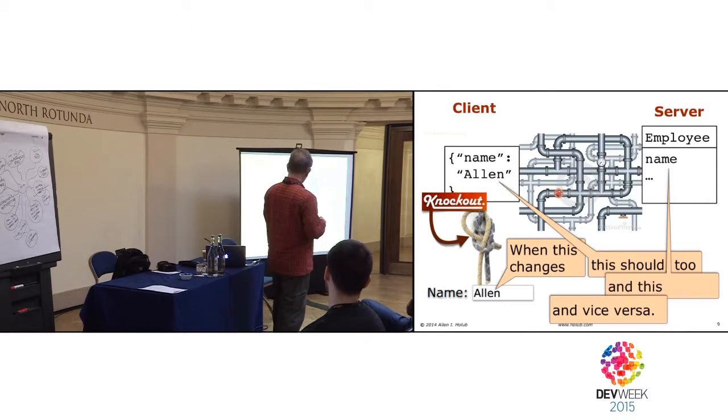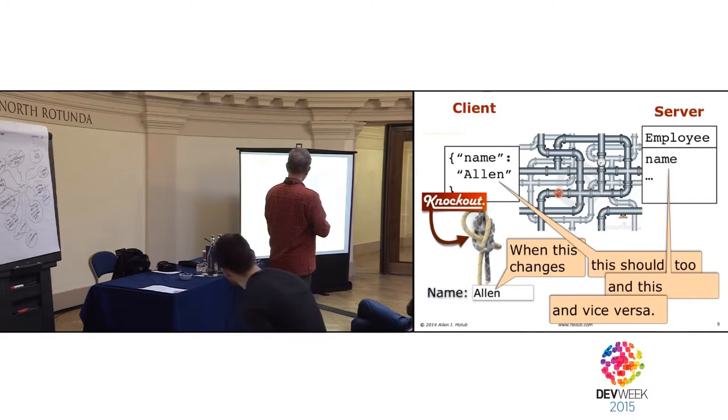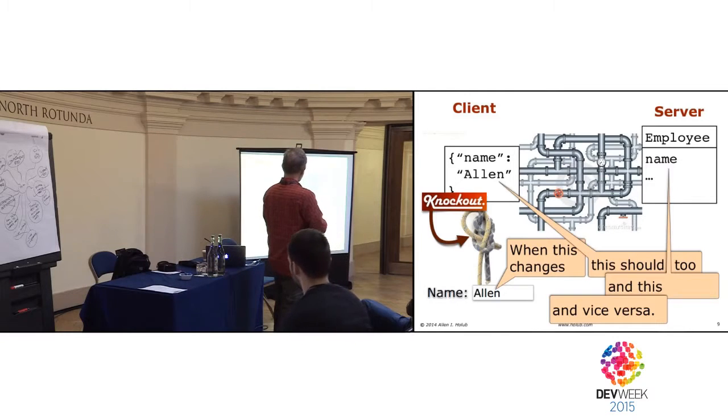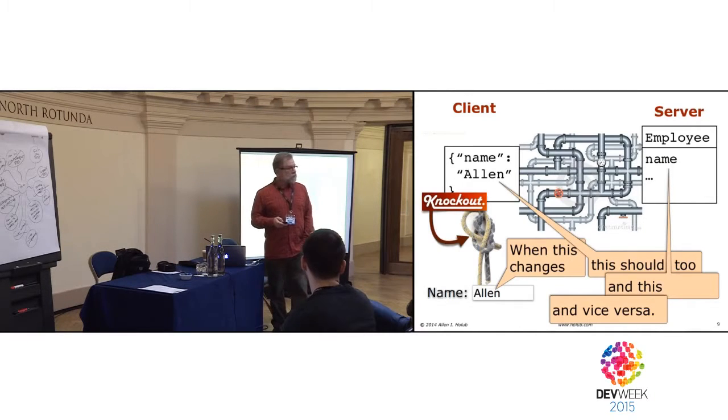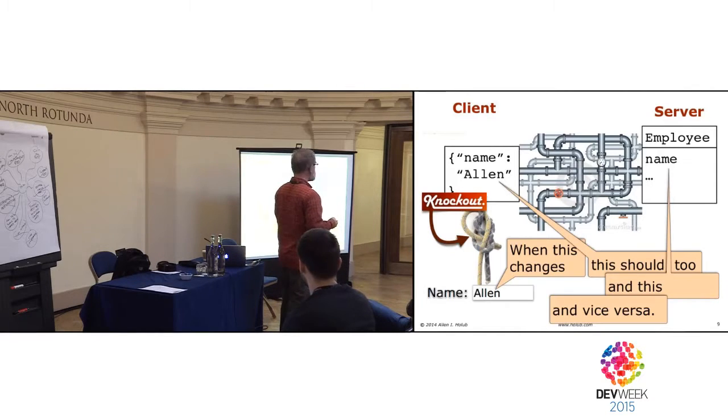So the goal here then is to make sure that this synchronization happens as painlessly as possible with as little work having to happen on our part, so we can focus on this layer, which is something that you can't automate easily. So when the change occurs there, it's reflected automatically.